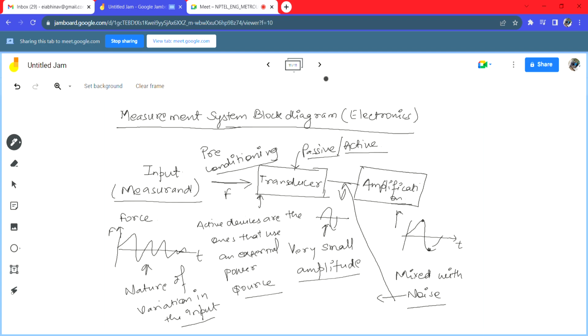Now, this noise may be because of the environment in which measurement is being done, or the quality of the device that is being used, or maybe because of loose wire connections. This noise can be generated over here.